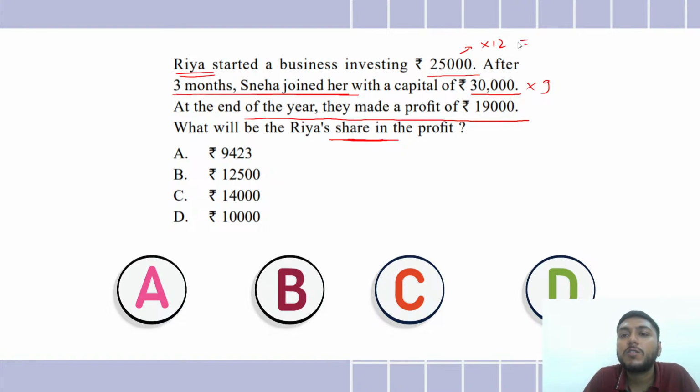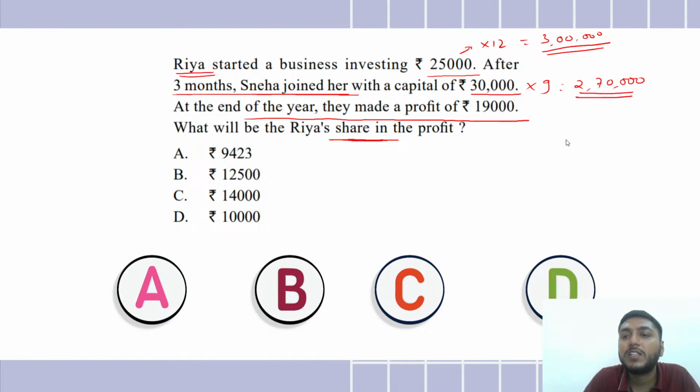So the total investment cost would be 25 into 12. That comes out to be around 3 lakh rupees, right? And then for Sneha, this would be 2 lakh 70,000, right? 30,000 into 9, right? So now this is the total investment amount for Riya and Sneha. Now we have to calculate the ratio of their investment.